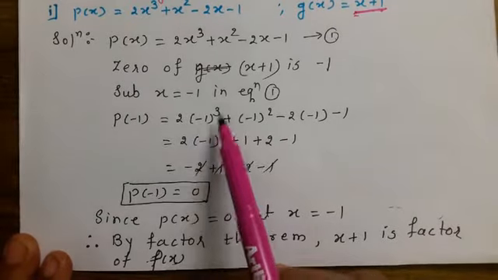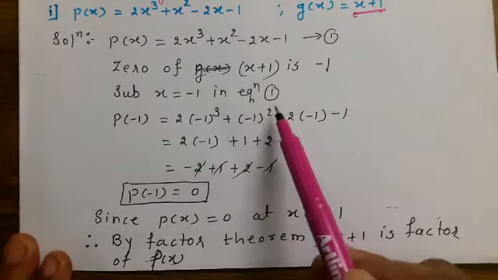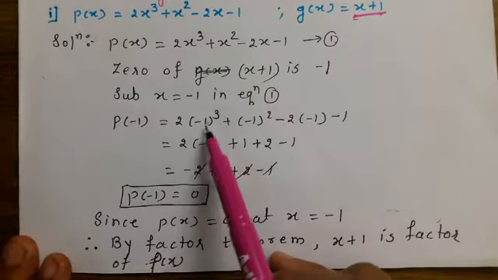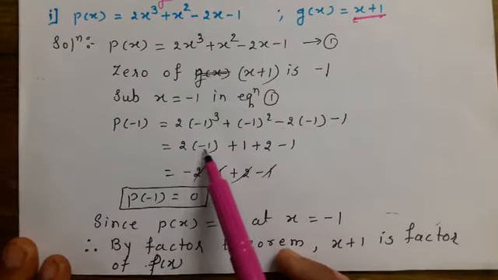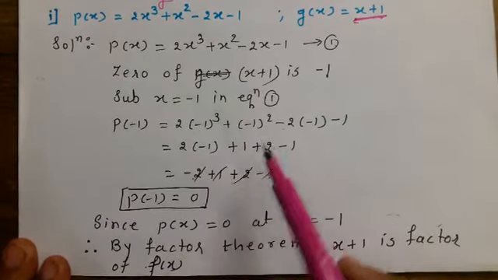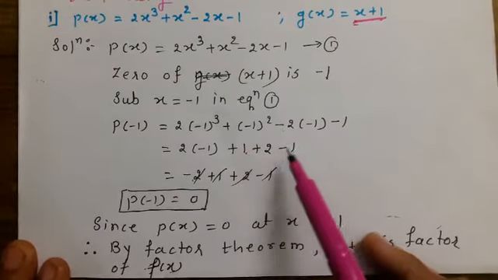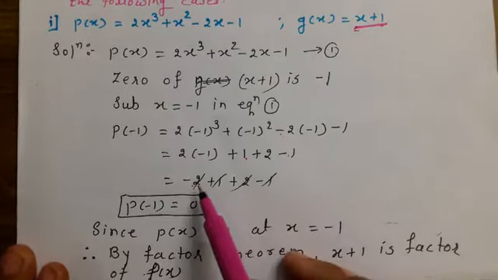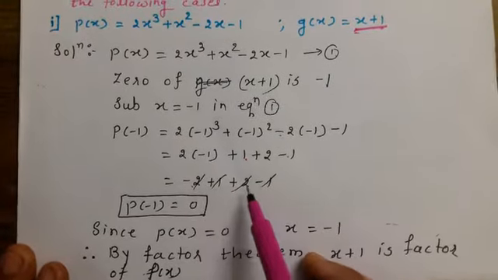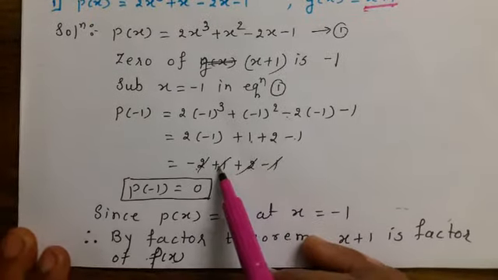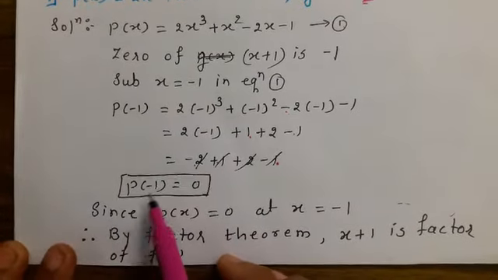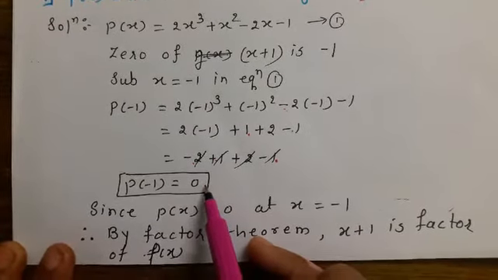2 into minus 1 cube plus minus 1 square minus 2 into minus 1 minus 1. Minus 1 cube is minus 1, 2 into minus 1 is minus 2. Minus 1 square is plus 1. Minus into minus is a plus, minus 1. Minus 2 plus 2 will cancel, plus 1 minus 1 will cancel, and we will get p of minus 1 is equal to 0.